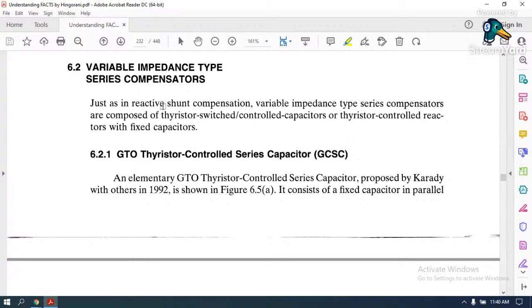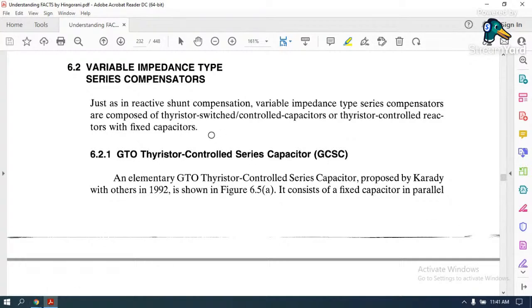So just as in reactive shunt compensation, variable impedance type series compensators are composed of thyristor switched or controlled capacitors and thyristor controlled reactors with a fixed capacitor.